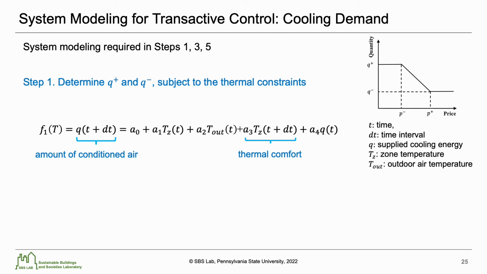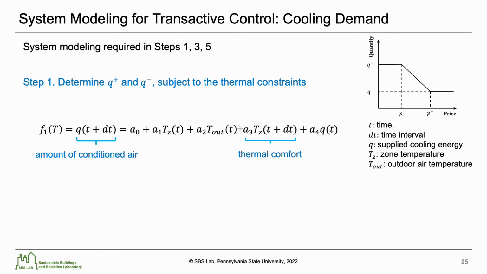So we introduced the concept of transactive control in the previous slides. Now we will see how we can apply system modeling in transactive control. It is actually used in steps 1, 3, and 5. First, let's look at step 1, which is to determine the cooling demand subject to the thermal constraints.